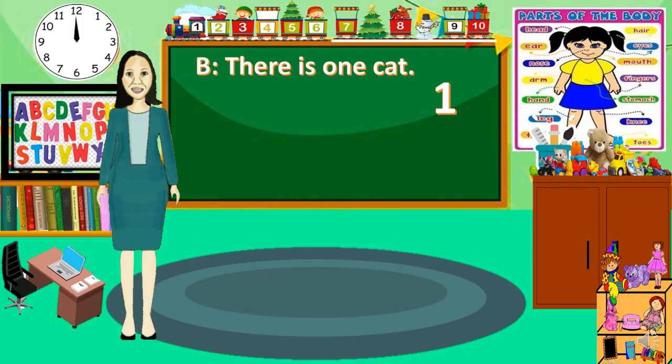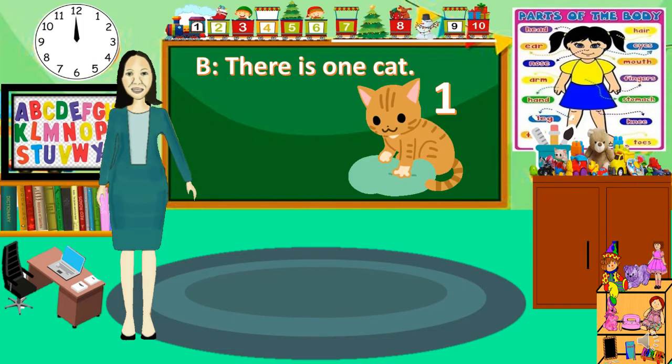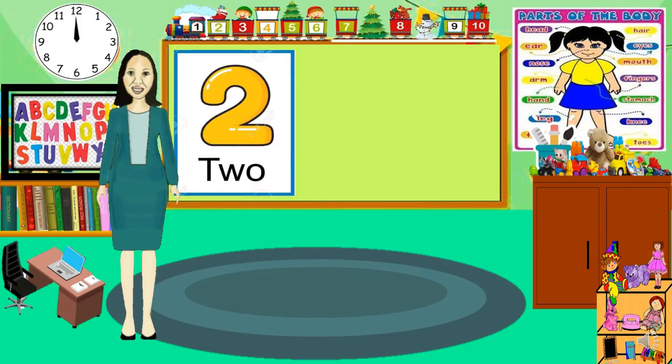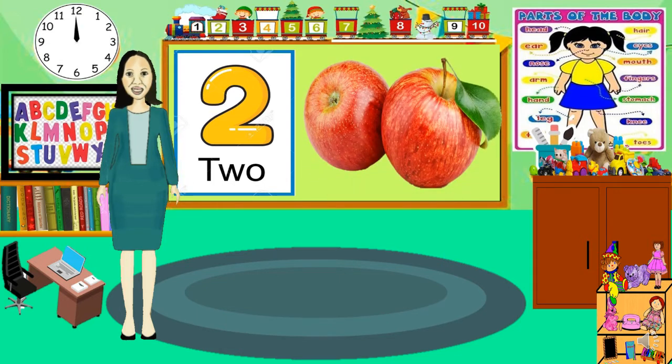There is 1 cat. You use there is because there is only 1 cat. You cannot say there are because there is only 1 cat, 1 object. There is 1 cat. 2. T-W-O. 2 apples. 1, 2. 2 apples.